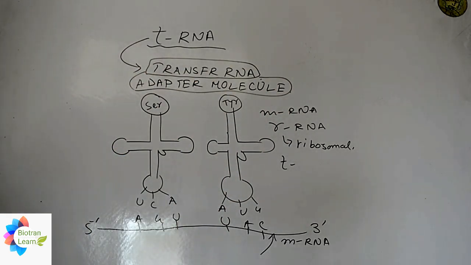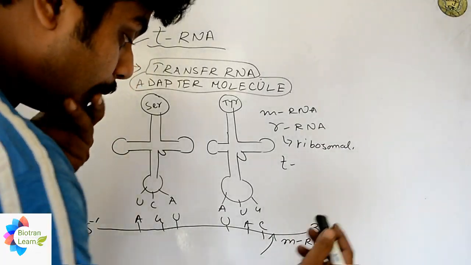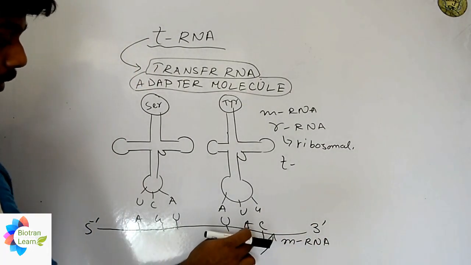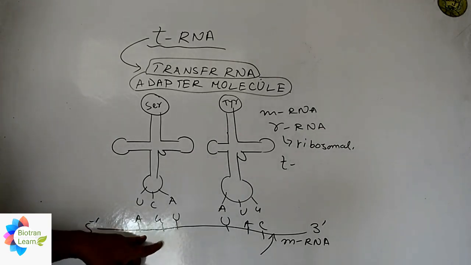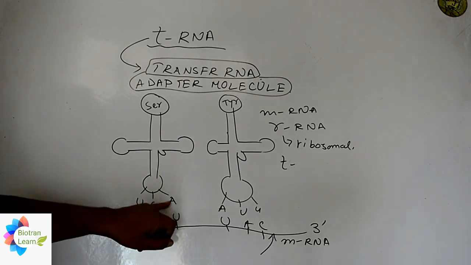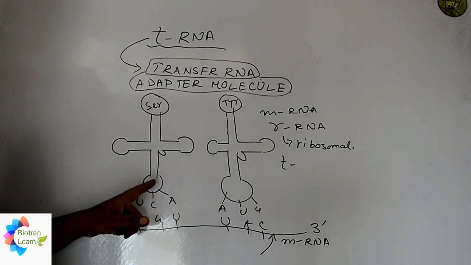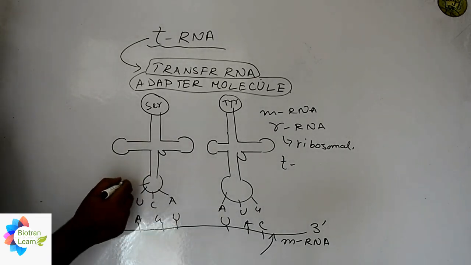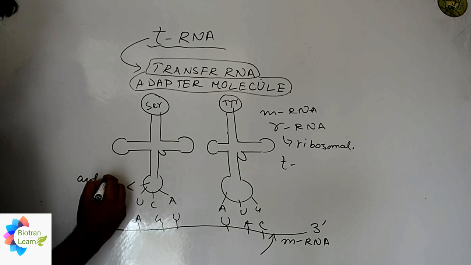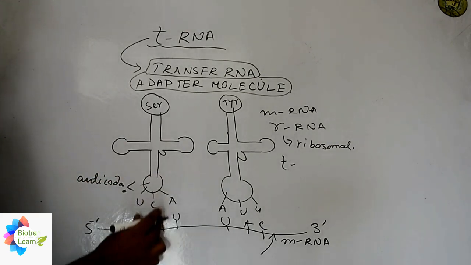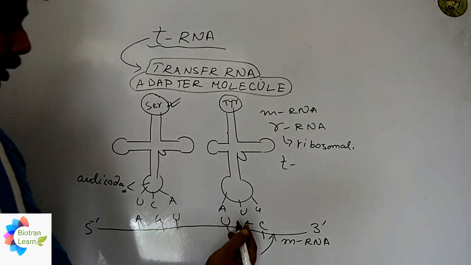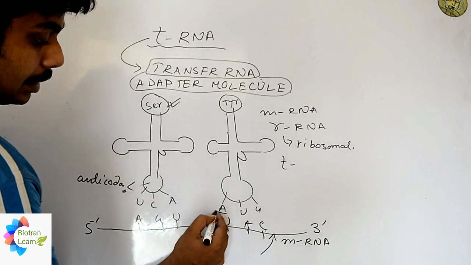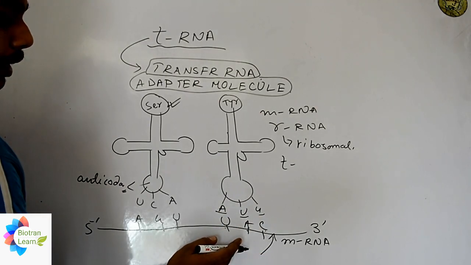Now what is the adapter molecule? Adapter molecule means, suppose we have a code in mRNA like this one, right? AGU. So it will contain a particular codon which will be next or opposite towards the anticodon loop. This is known as the anticodon loop. And it will help to bring this particular amino acid in the structure. In case of USC, we will get AUU, right?